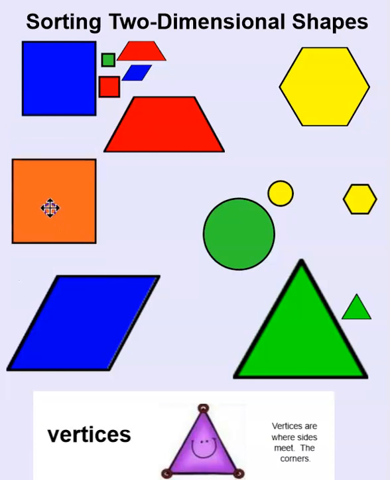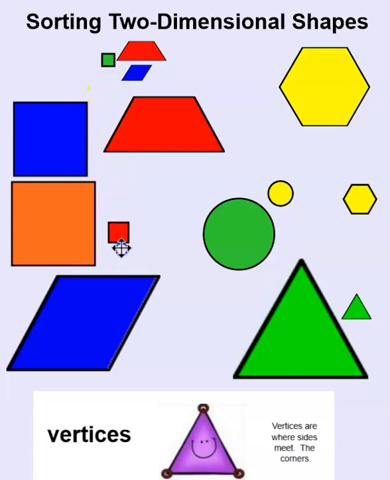Can you think of another shape that would have 4 vertices? Yes, you're right. This square would have 4. It has 4 corners, 4 vertices. 1, 2, 3, 4. I can get the other squares too in this same group. Oh, here is another rhombus. What about our trapezoids?